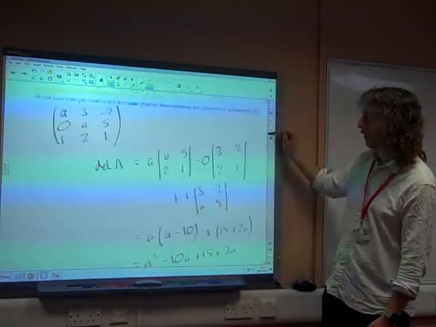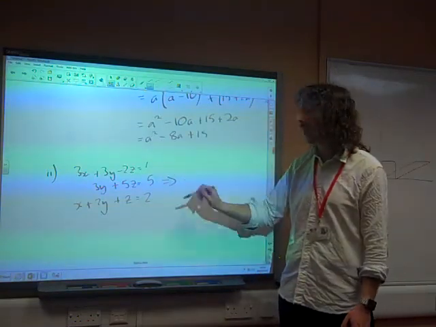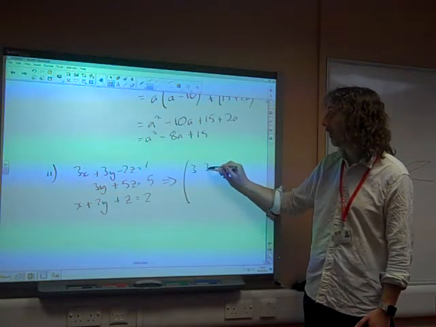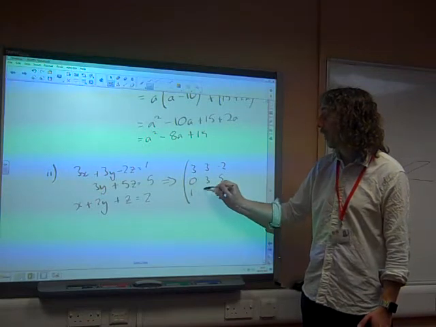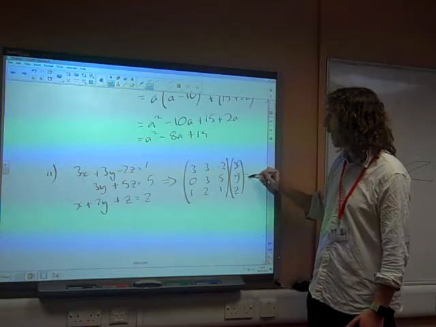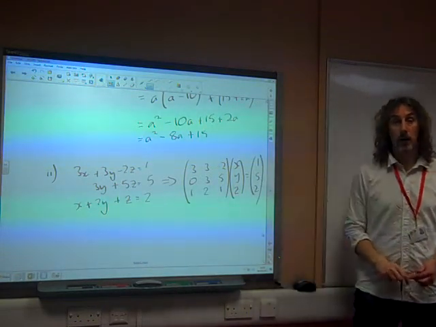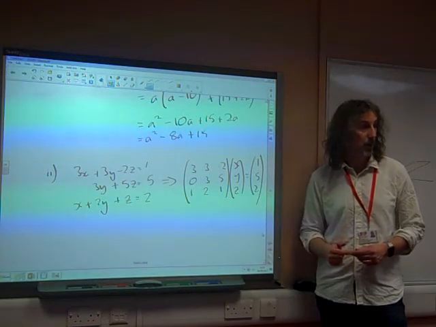Have I copied those right? If we turn that into matrix form, that is 3, 3, minus 2, 0, 3, 5, 1, 2, 1, times x, y, z is 1, 5, 2. So that's what it looks like as a matrix.